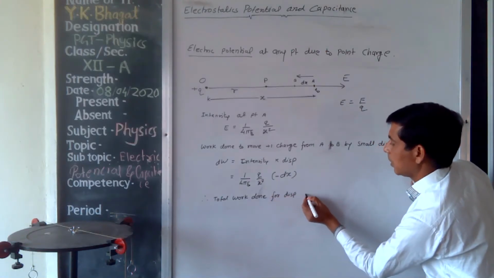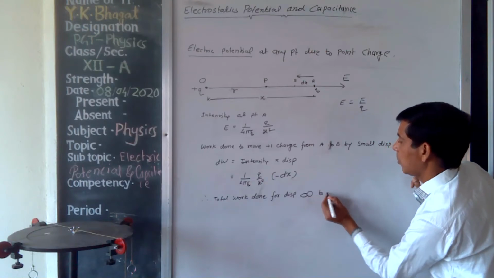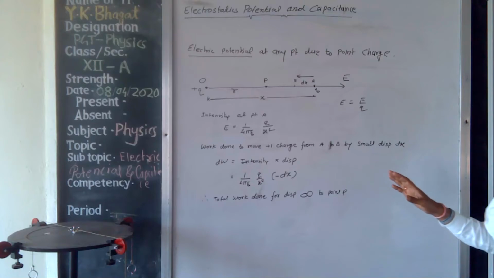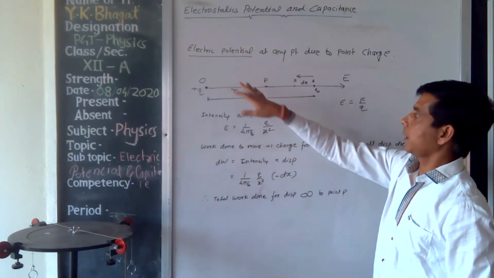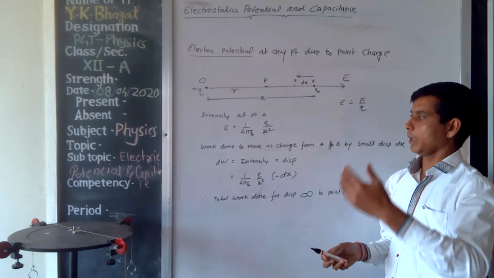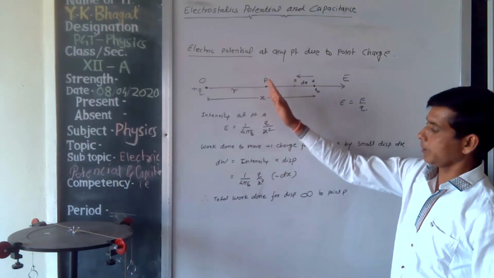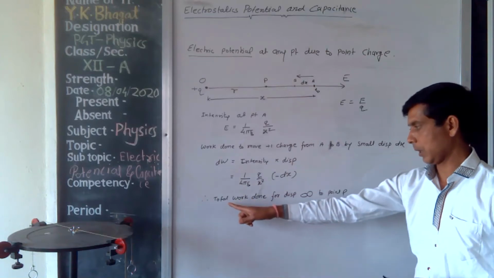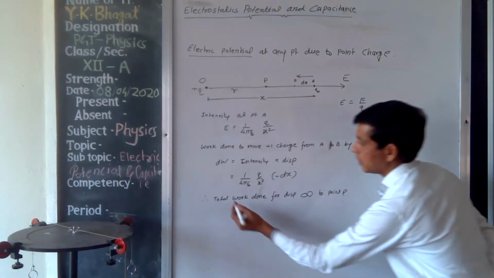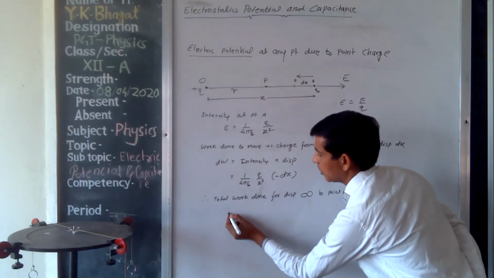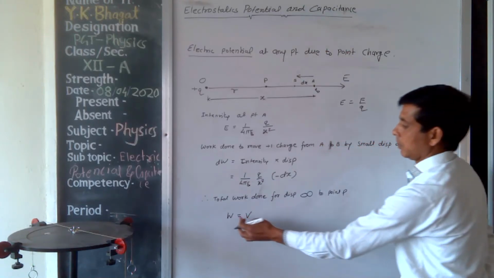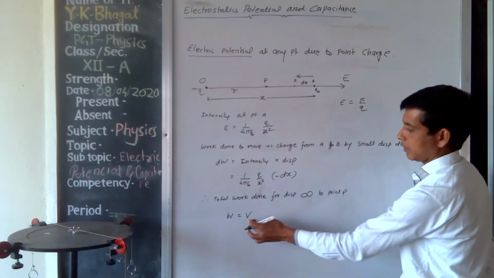For finding the potential at point P, we have to find out work done from infinity to point P. So, the total work done for displacement infinity to point P will be equal to W, or can be written as V, because work done from infinity to any point is called potential.